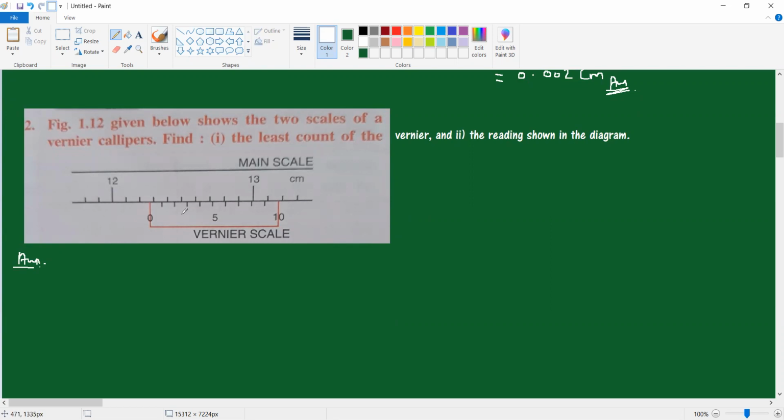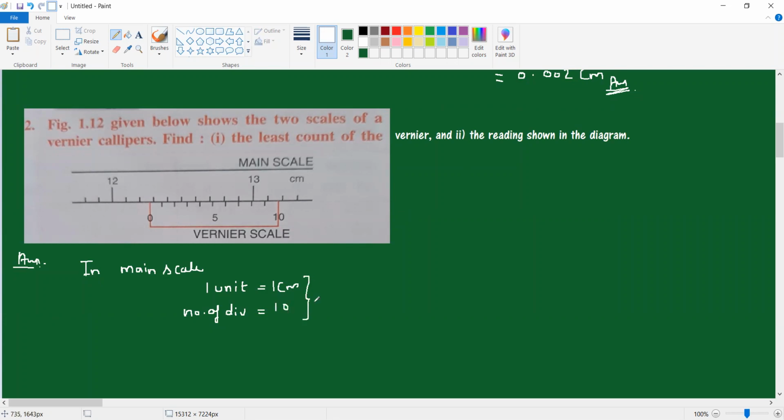So main scale, one unit is equal to 1 centimeter. Number of divisions it has: 1, 2, 3, 4, 5, 6, 7, 8, 9, 10. 10 divisions are there.